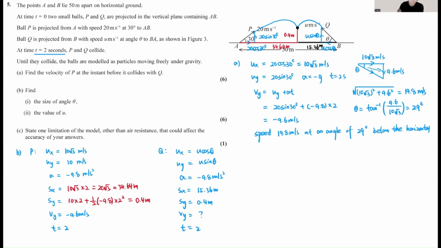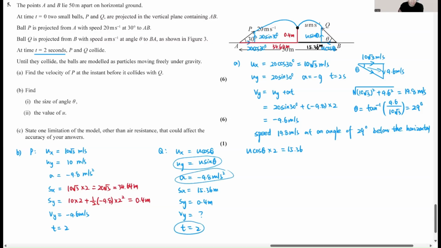two equations. So for the horizontal, we can use U cos theta times time 2 is equal to 15.36. And then for the vertical component, we need to use the initial velocity, and then we know acceleration, and then we know time t, and then we know s. So we can just, again, use s equal to ut plus half at squared.